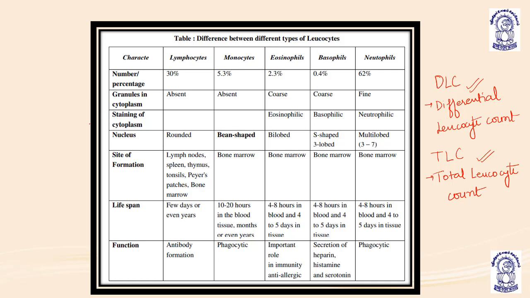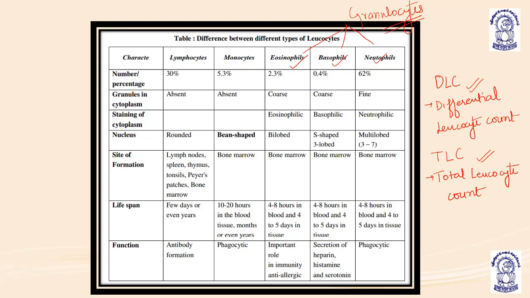Now we know that eosinophils, basophils, and neutrophils belong to the category of granulocytes, and monocytes and lymphocytes belong to the category of agranulocytes.